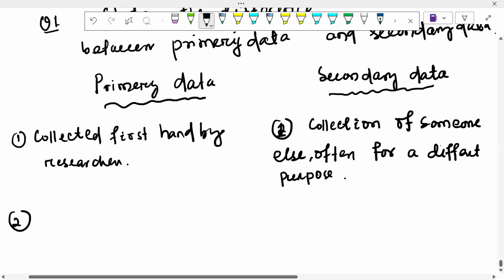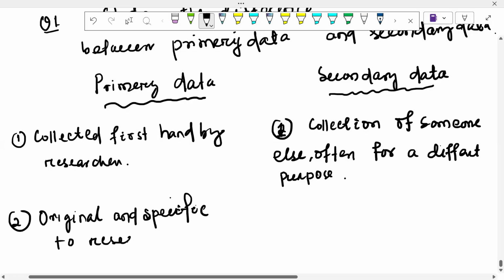Primary data means the data is original and specific to research. That is the second point of the primary data.